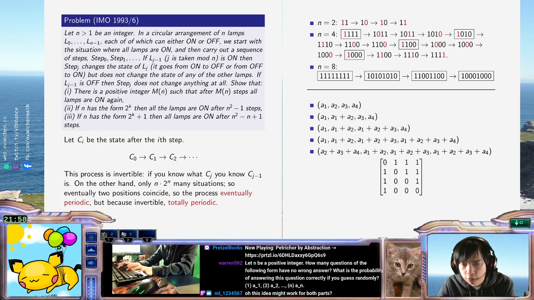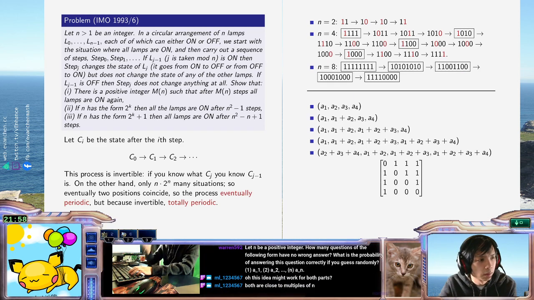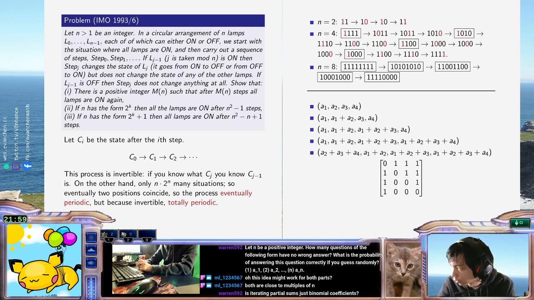Okay, and then 1 1 1 1 0 0 0 0. Is interpreting partial sums just binomial coefficients? Are they binomial coefficients? That would be really cool if that's what's happening.